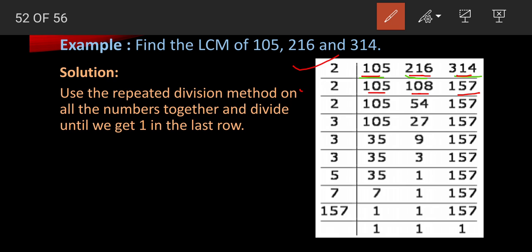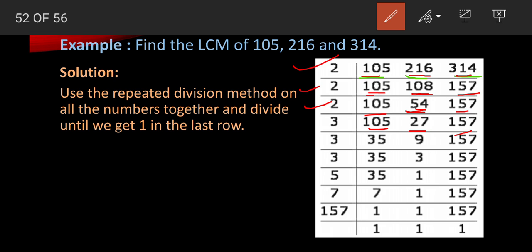Again I take 2; the first number is not divisible, so write it as it is. Next, 108 becomes 54, and 157 is not divisible as its last digit is not even. Now again we divide by 2; as the middle number is divisible, the first and third numbers stay as they are, and 54 divided by 2 gives 27.